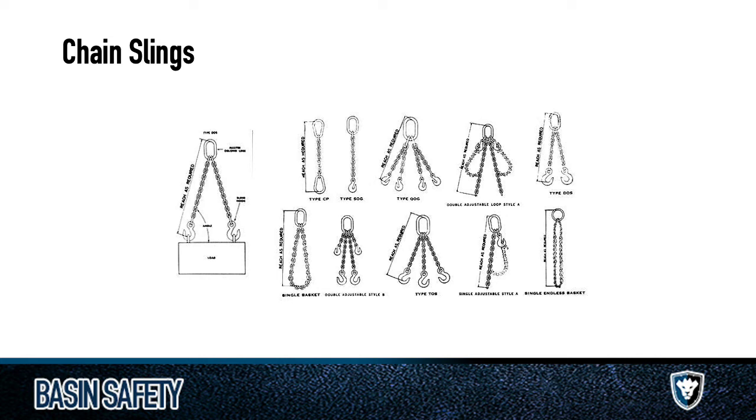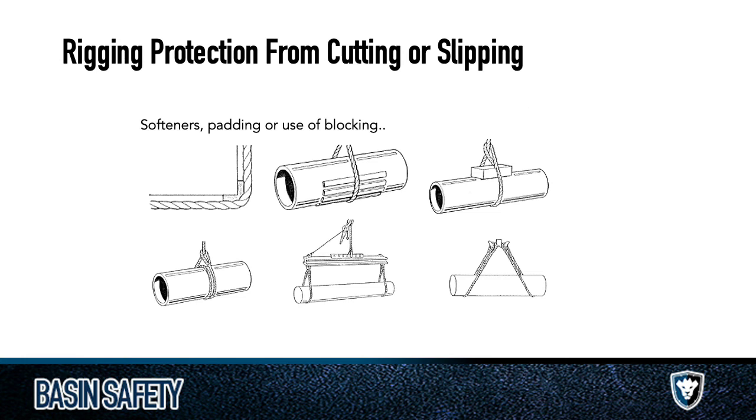And the course is going to walk you through each different type and the best application for each. To prevent slipping, you may need to add different padding, blocks, softeners, etc., so that the rigging equipment doesn't slip. And again, when you go through the course, you'll get a better handle on that.